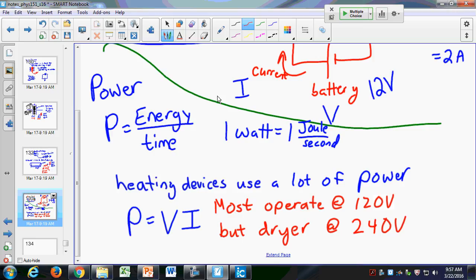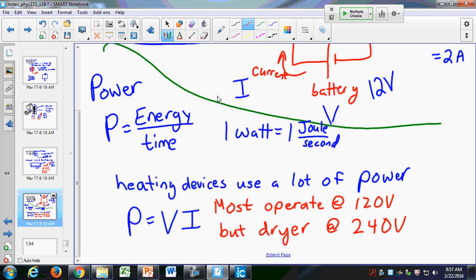So what happens if I make my voltage go from 240 volts to 120 volts? If I decrease my voltage, what's going to happen to my current? It's going to increase, right. So the reason we have this 240 volts on our dryer is because it allows us to have a lower current. Okay?